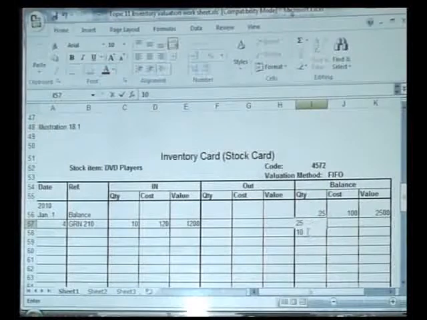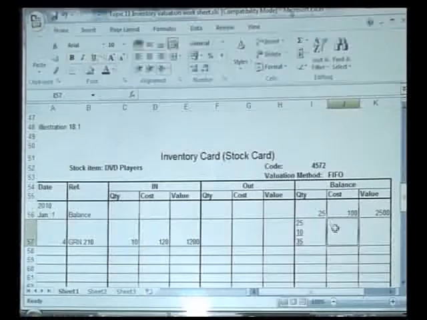So the business has now 35 units. Enter them separately, so then it is easy to assign the cost.